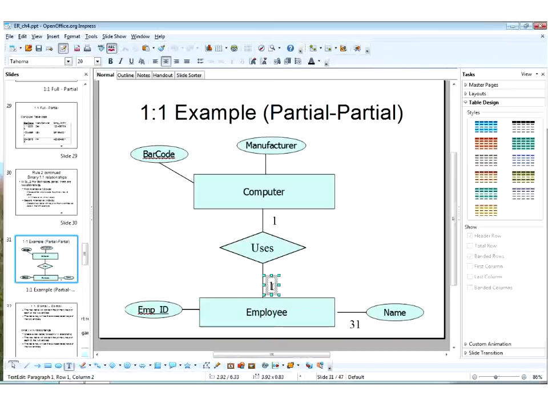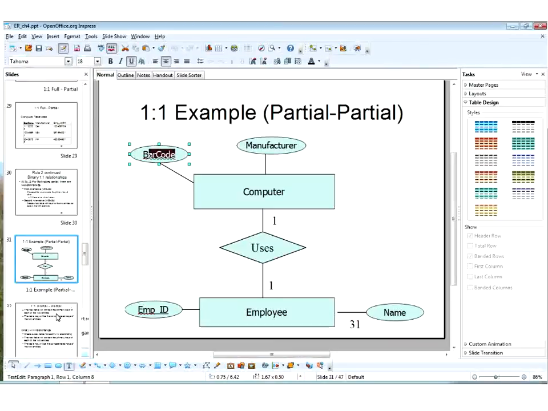An employee may use one and only one computer. A computer may be used by one and only one employee. Okay? So what we could do is we could stick emp ID in computer here, or I could stick barcode in employee, or, and my preferred method, I could just create a new table that says, you know, something like computer underscore employee and holds both of these values.